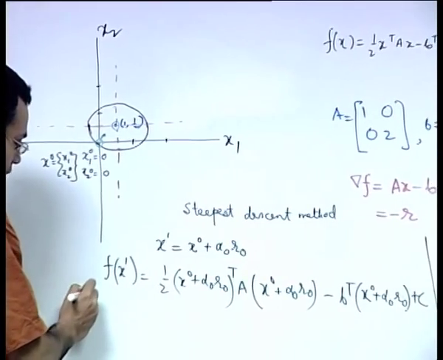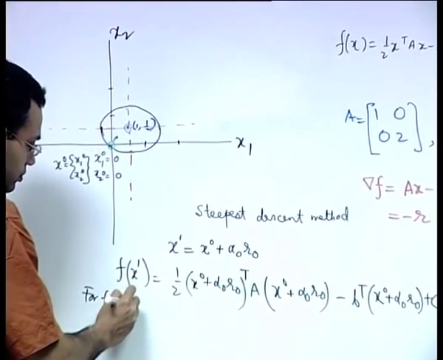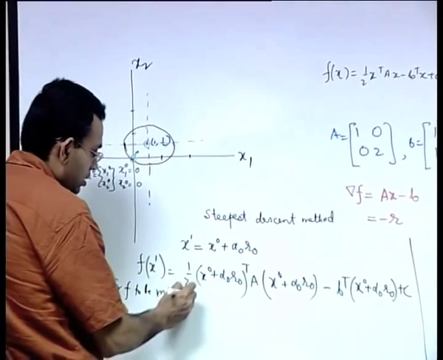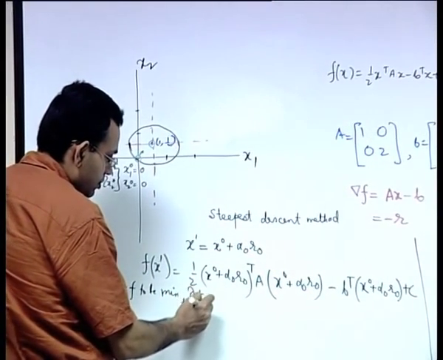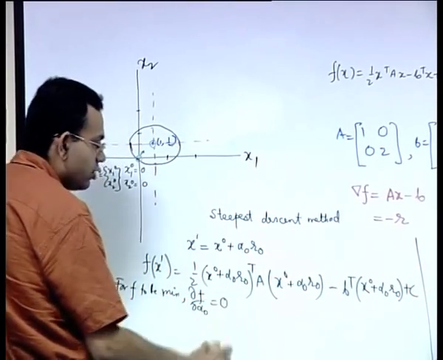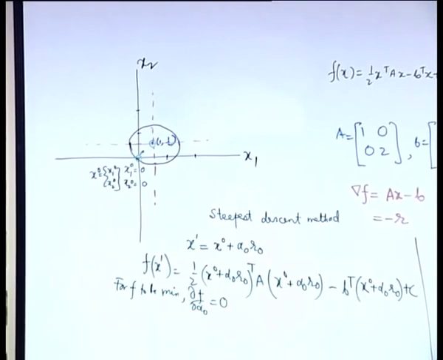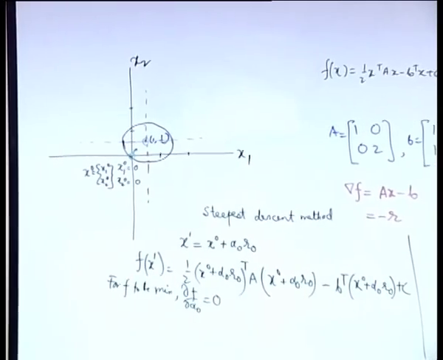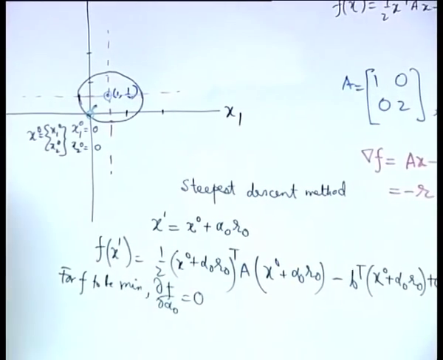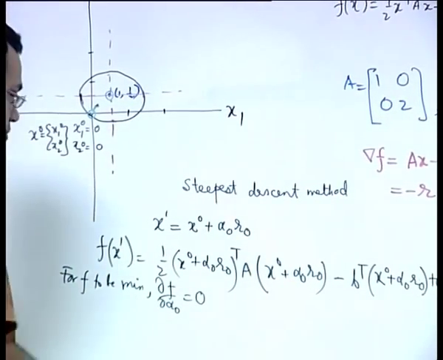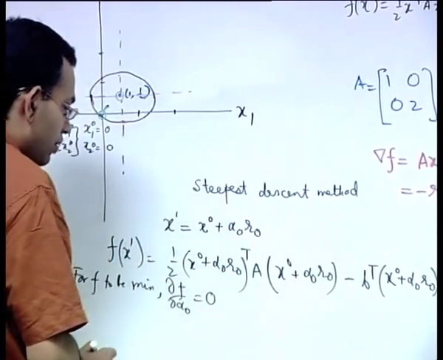For f to be minimum, you must have del f by del alpha 0 equal to 0. So let us differentiate this with respect to alpha 0.